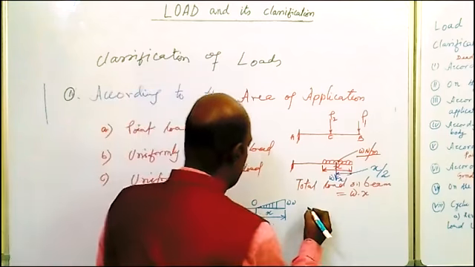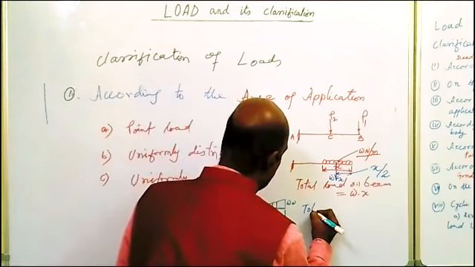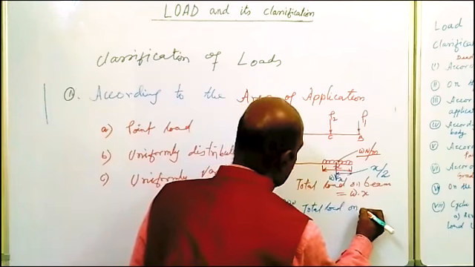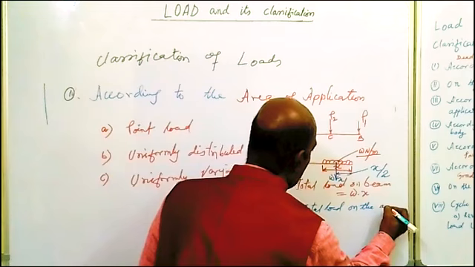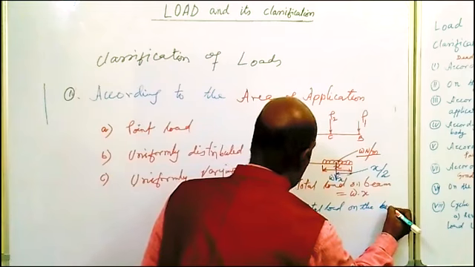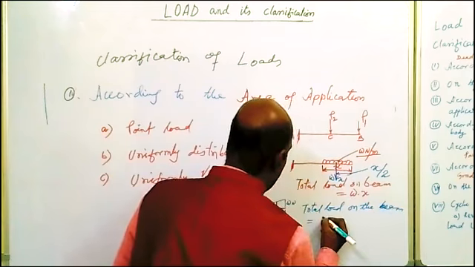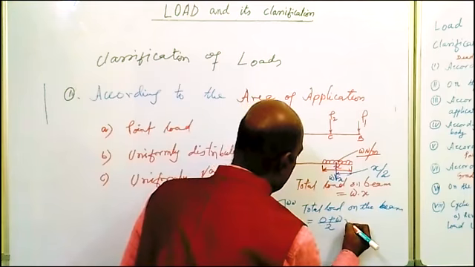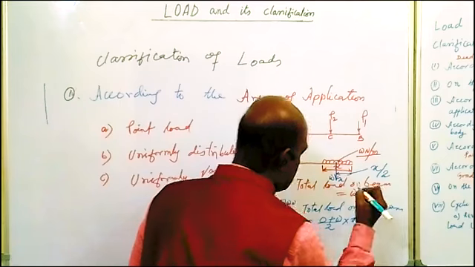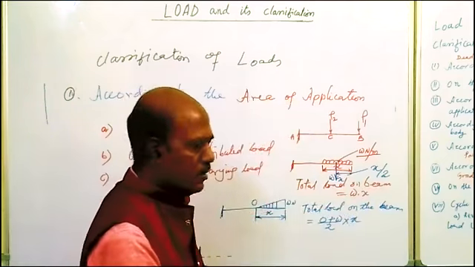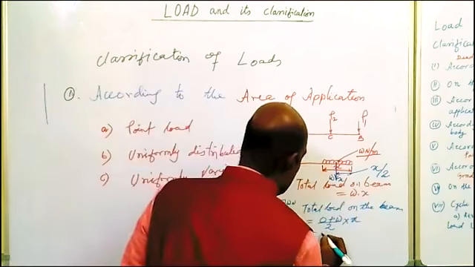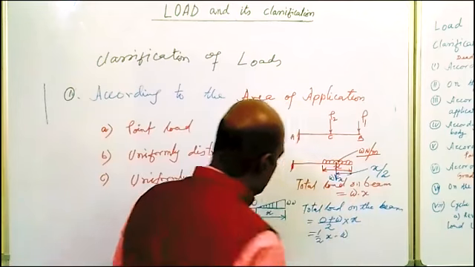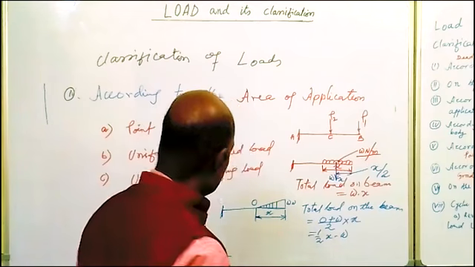And what is the total load acting on the beam? It is the average load, 0 plus W by 2, into the length for which it is distributed. That means half into x into W. What is half into x into W?